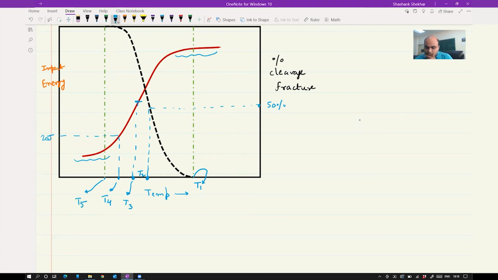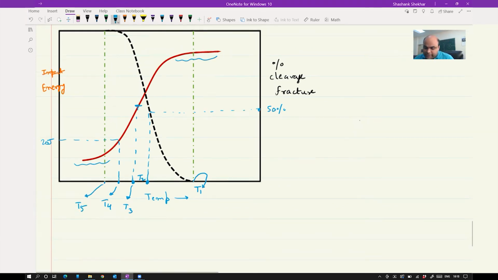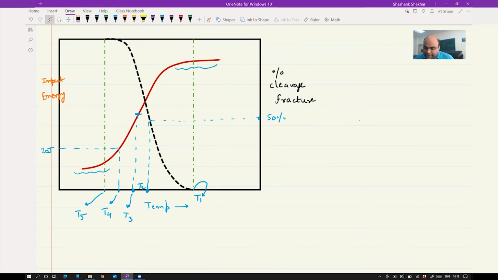T5. Okay, so you see T1, T5 and T2 will be calculated from the black curve. T1 corresponds to a point where you are not going to observe brittle failure, or the cleavage percentage is almost 0. T5 is a temperature where the cleavage percentage is almost 100%, and T2 is a temperature where you are going to observe 50% cleavage and 50% ductile behavior.